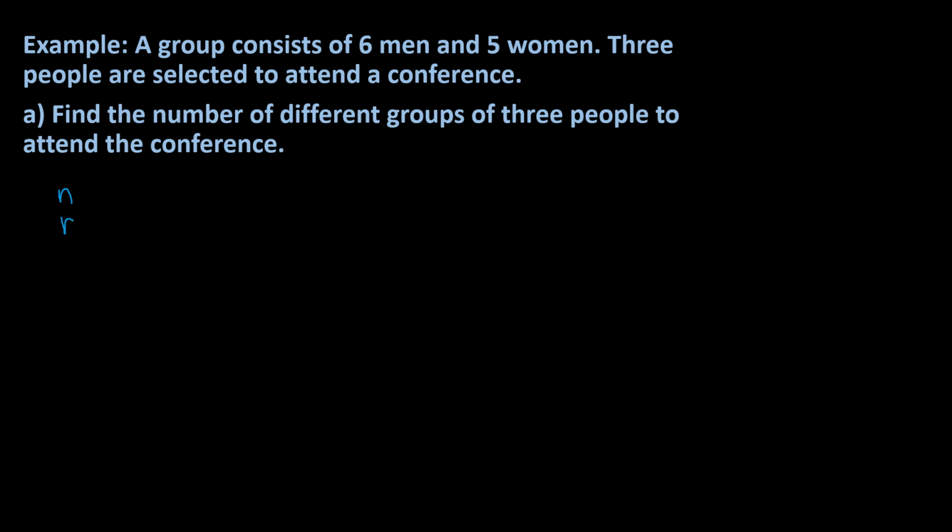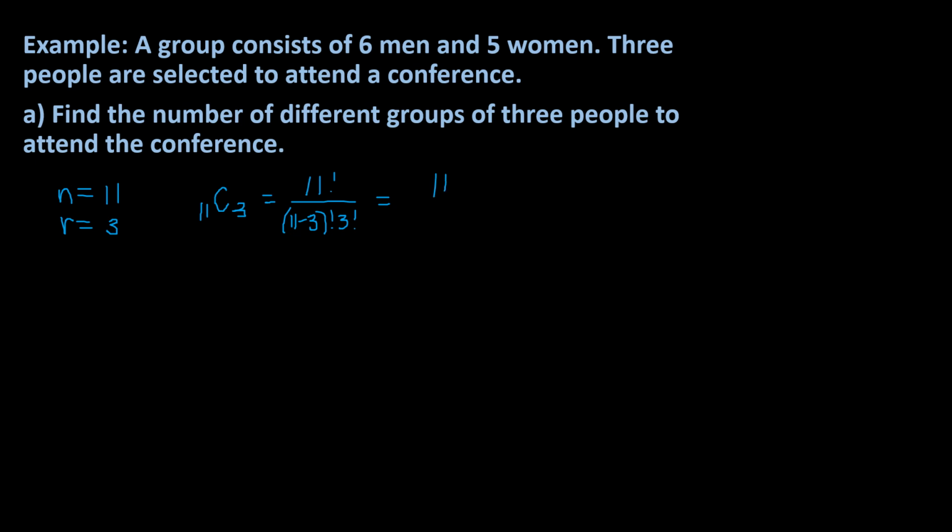And we just have to identify our N and our R. So total, we have 6 men and 5 women, so that's 11. And then 3 are attending the conference, so R is 3. So we're going to find 11C3. Okay, so that's 11 factorial over 11 minus 3 factorial, and then 3 factorial.